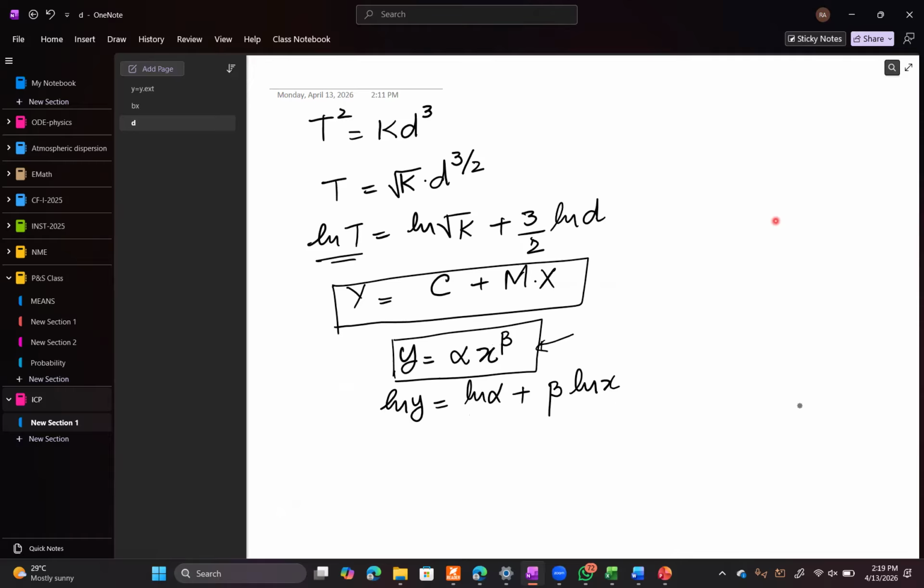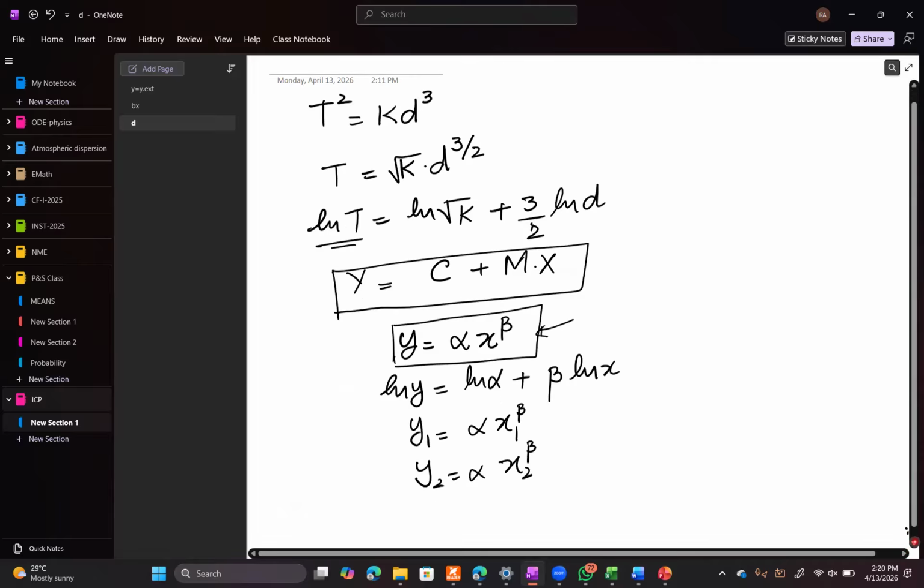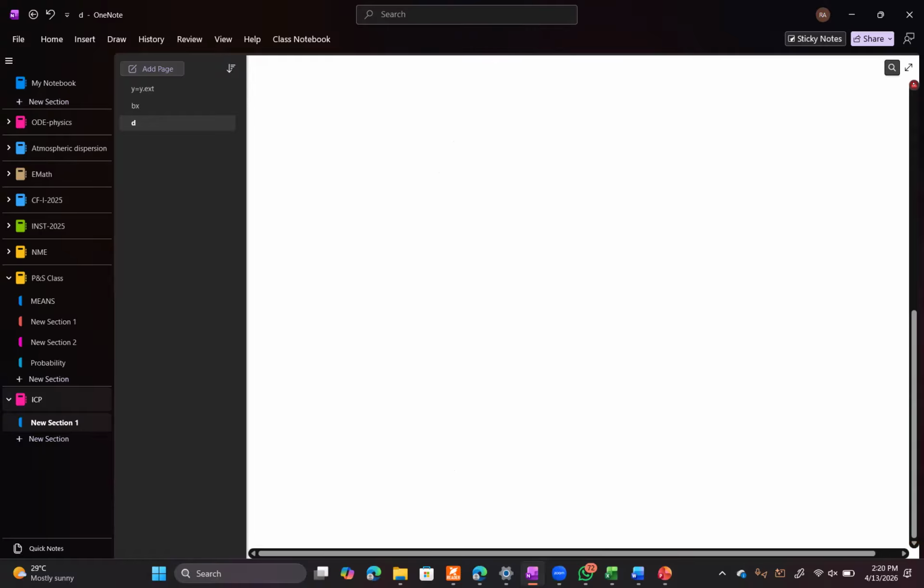So one strategy is with the 2 points. You have y1 equals alpha x1 raised to the power beta, and y2 equals alpha x2 raised to the power beta. You can divide the two equations.